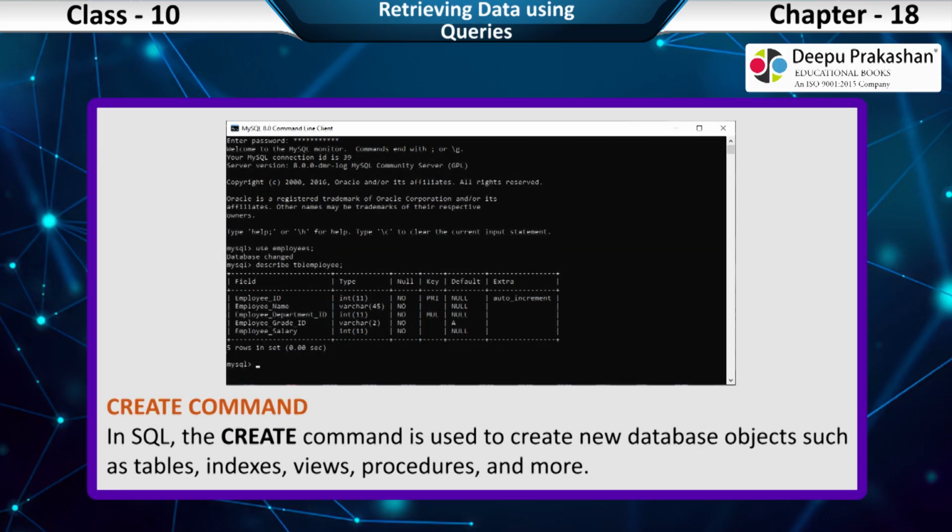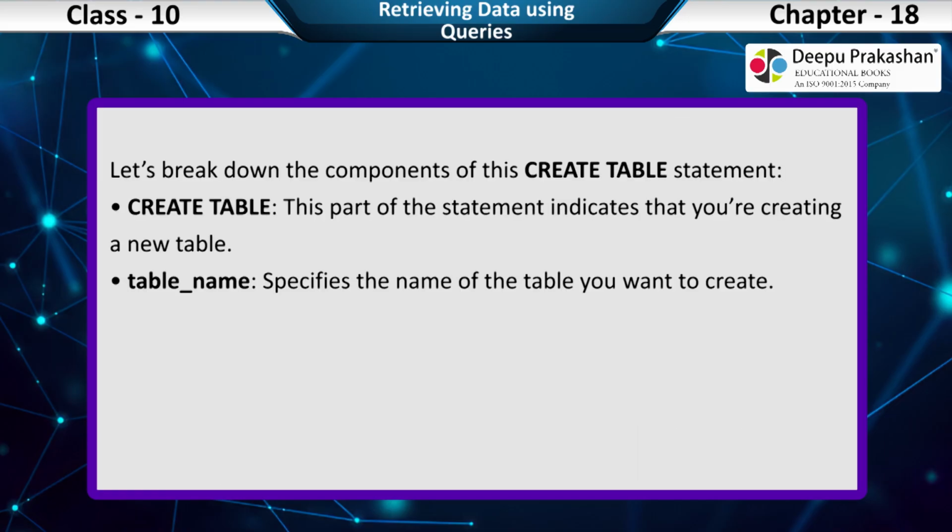Create command. In SQL, the create command is used to create new database objects such as tables, indexes, views, procedures, and more. Let's break down the components of this create table statement. Create table. This part of the statement indicates that you're creating a new table.